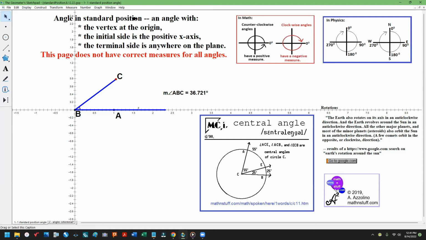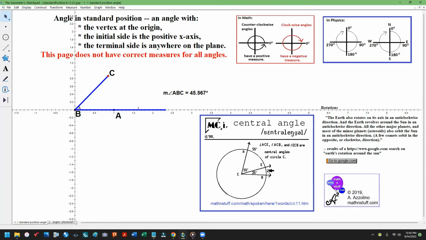Angles in standard position have these characteristics. The vertex is at the origin. The initial side is on the positive x-axis, and the terminal side is anywhere on the plane, including the positive x-axis.